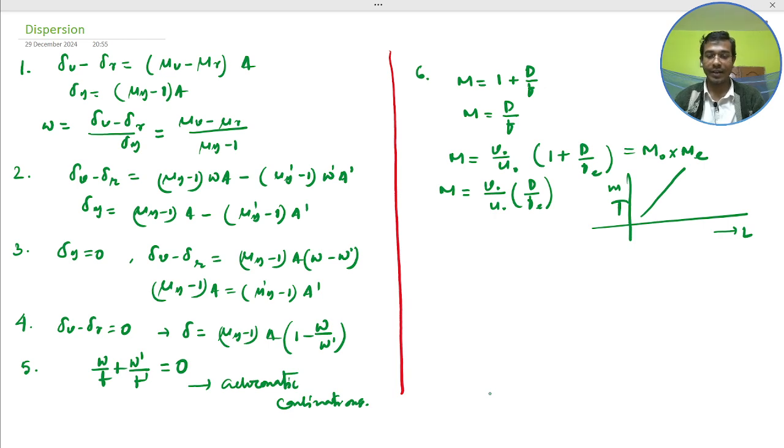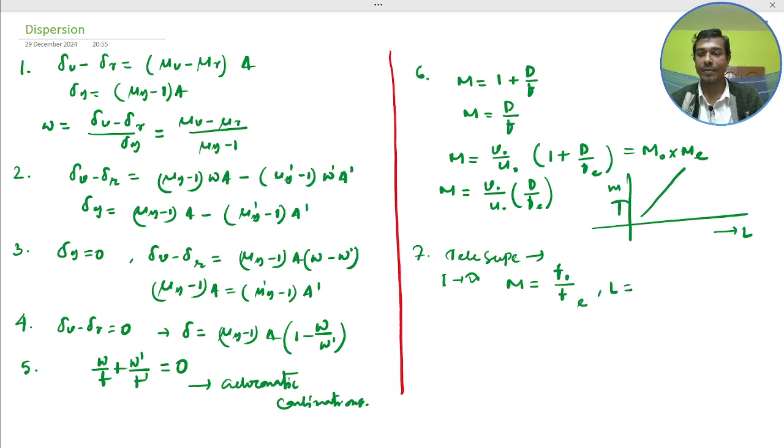Next one, the astronomical telescope. For the telescope, with image at infinity, the magnification M would be f naught by fe, because the total L is equal to f naught plus fe.